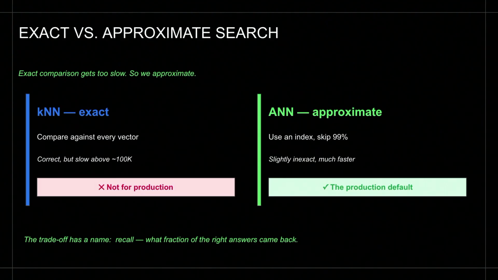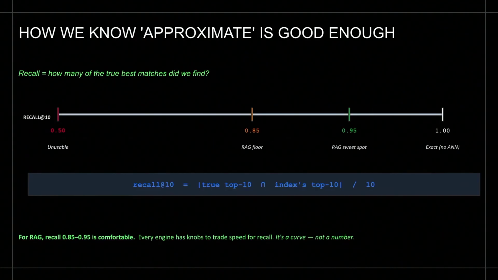The trade-off with using approximate search is recall: what fraction of the right answers came back? Recall is how we know approximate is good enough. A formula for recall for the top 10 products is that recall at 10 equals the intersection of the true top 10 and the index top 10, divided by 10.